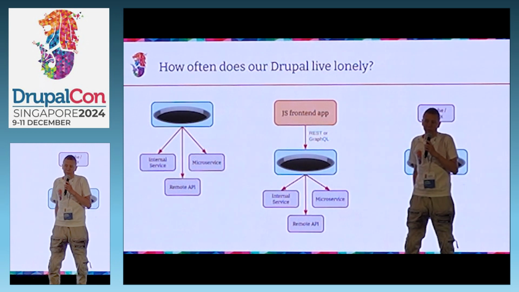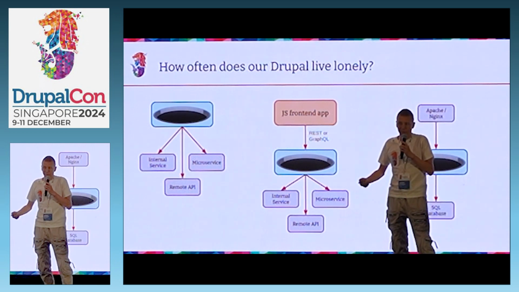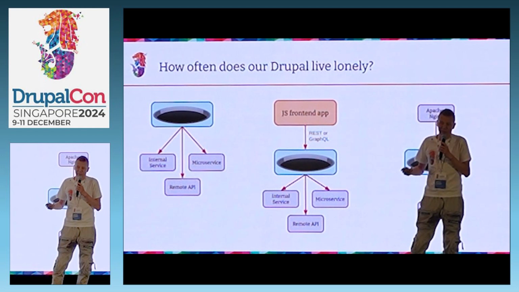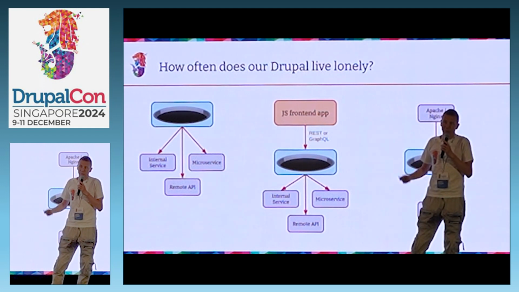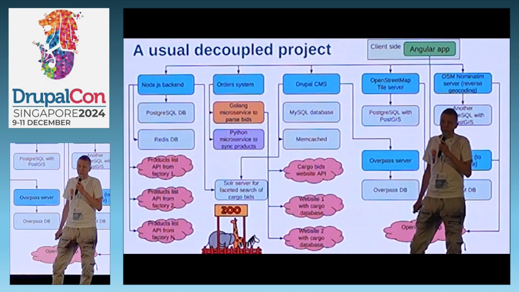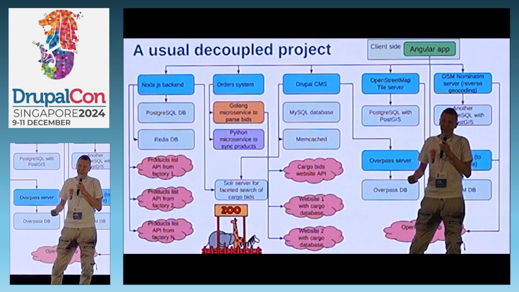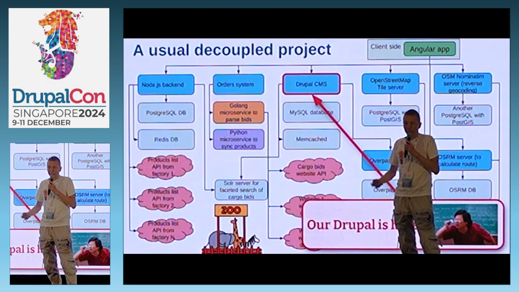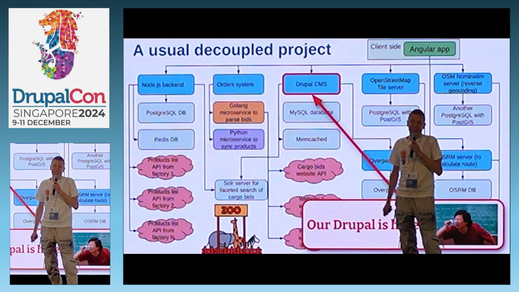And actually, Drupal is a black hole from the point of view of observability, because it produces only internal information, not the outputs. And usually, the projects are not as simple as displayed here, but look like this. And Drupal is just a small component of the whole infrastructure.